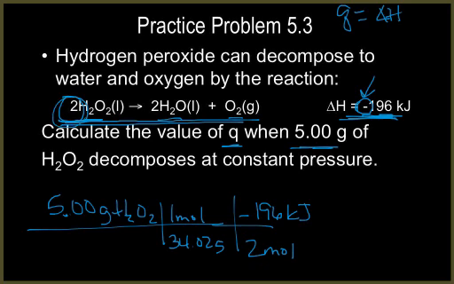The reason we have a 2 there is because of that coefficient right there. Usually these are written per 1 mole, but this particular problem was per 2 moles, so you have to be careful and watch out for those. Then we'll go through and calculate that. That would release 14.4 kilojoules of heat. Again, we know it's releasing because that value is negative, so this would be an exothermic reaction also.